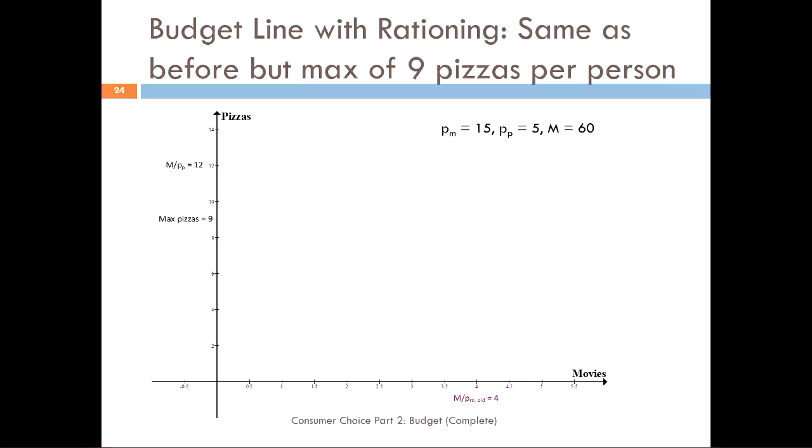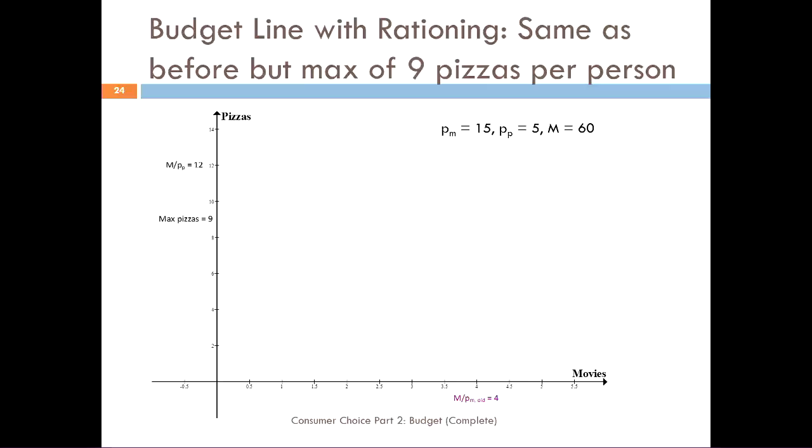Right, just the horizontal at pizza equal 9. And the budget line would be unchanged. So they're going to meet where? The ration line and the budget line, where would they be? What bundle would those two lines be?